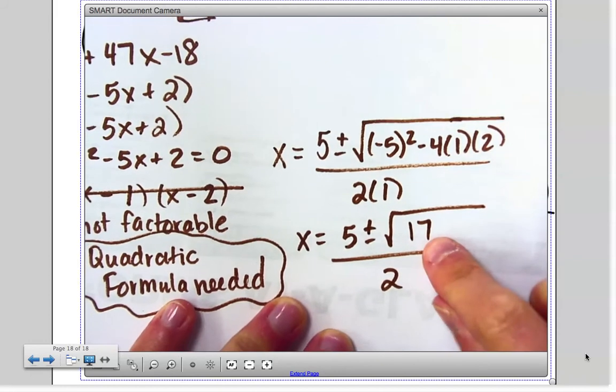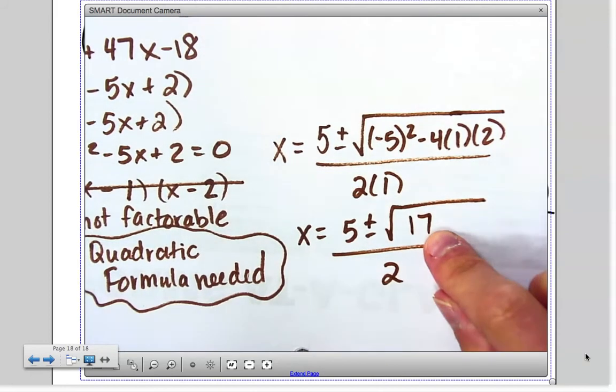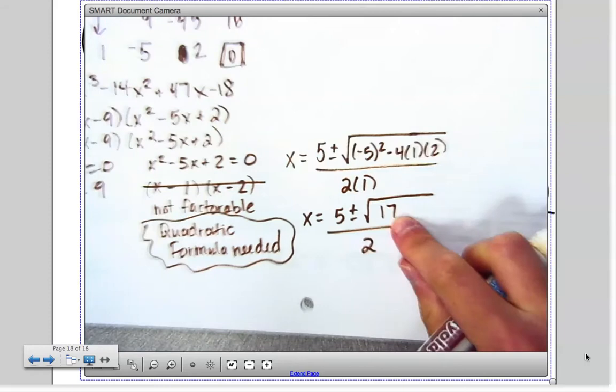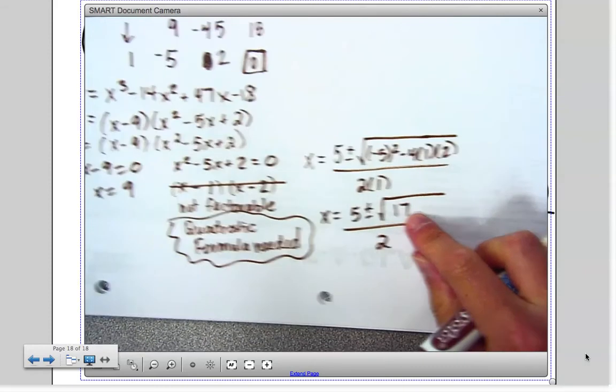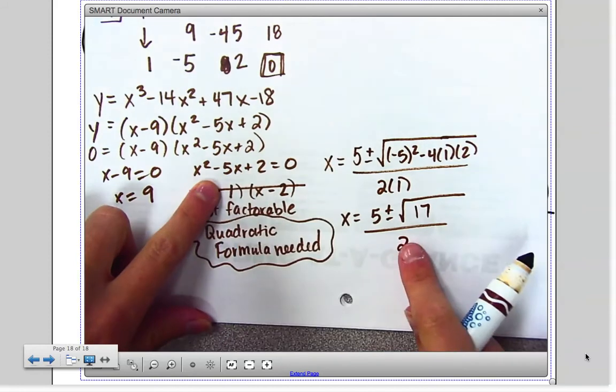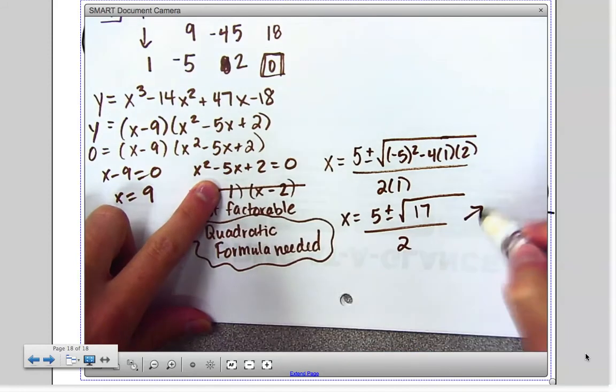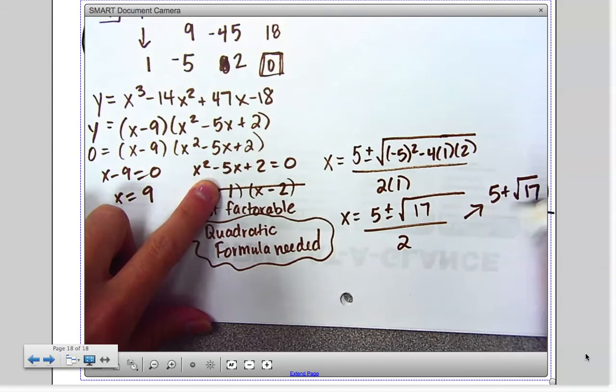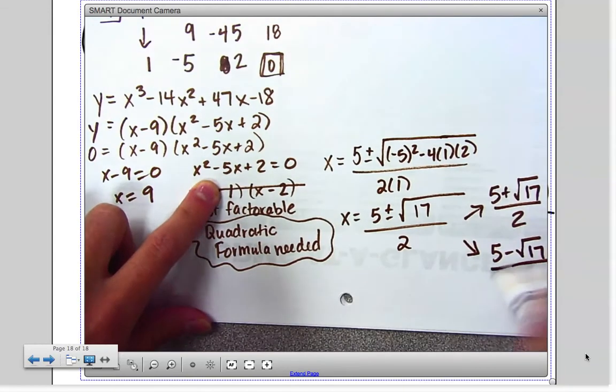And remember, radicals, I'll have to break those down if I can. And I can't break the square root of 17 down because it doesn't have a perfect square in it. So now I know that to make this true, my x values have to be 5 plus the square root of 17 over 2, and then 5 minus the square root of 17 all over 2.